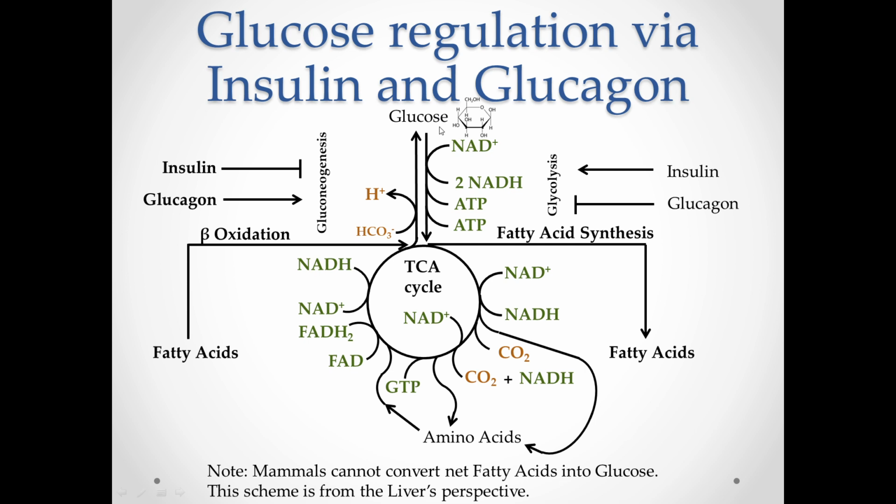Now, if glucose levels are high, insulin is produced, glucose is taken into the cell, and then fatty acids are created from glucose. Now, an important point to make is that humans cannot take fatty acids and convert net fatty acids into glucose.